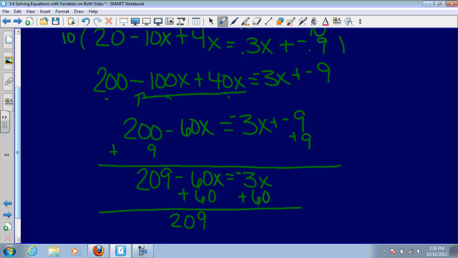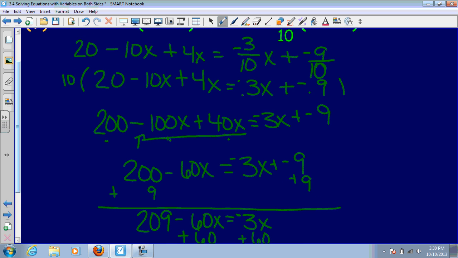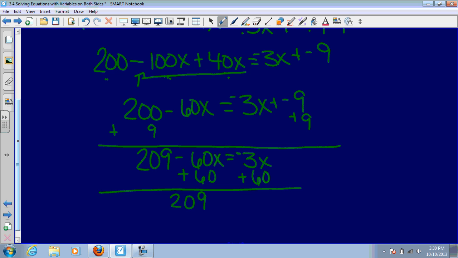Yep, my bad, trying to do this quickly, left it off there. Going to equal 57x. Okay, so now I have 209 equals positive 57x.